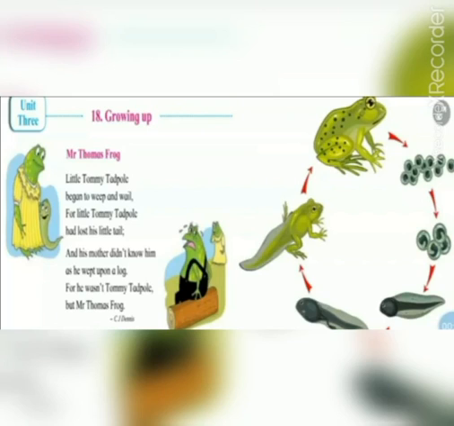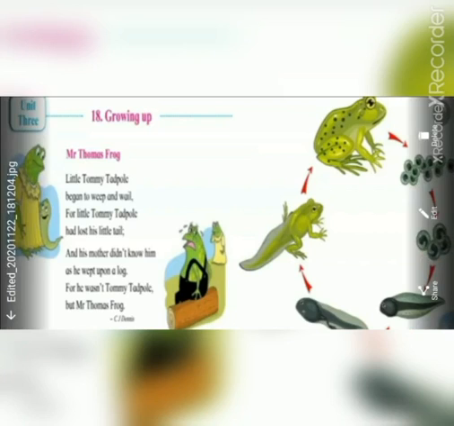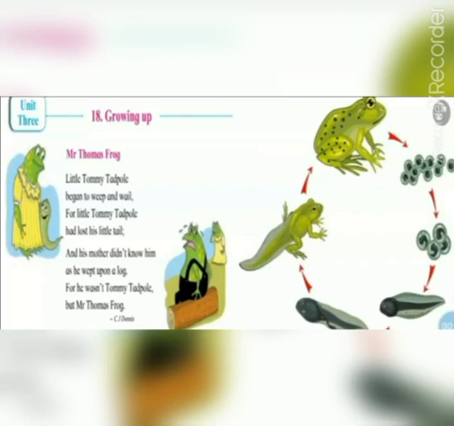And what is the name of the adult frog? Mr. Thomas Frog. And what is the name of the little tadpole? Tommy. Yes, and the poet nicely put that in this poem. Do you understand what the poet wants to say? Yes. Very good.